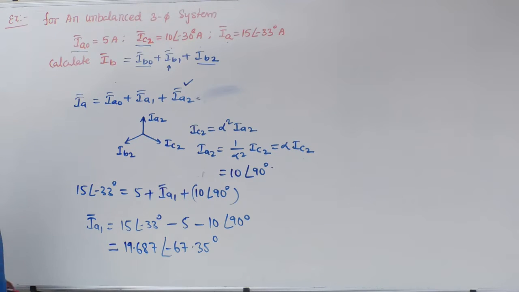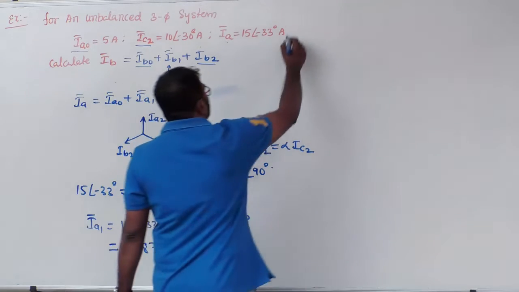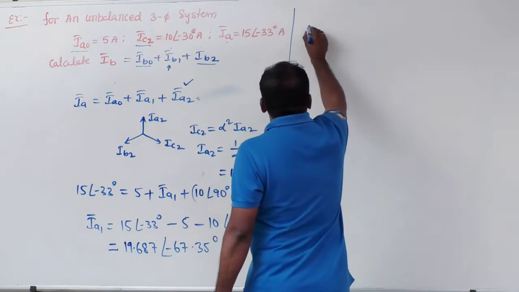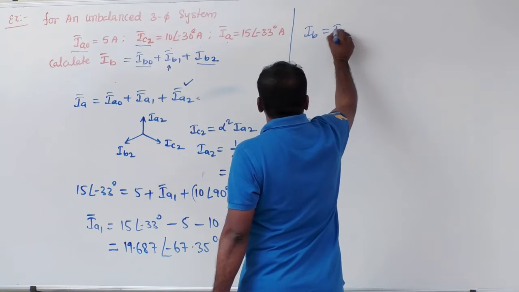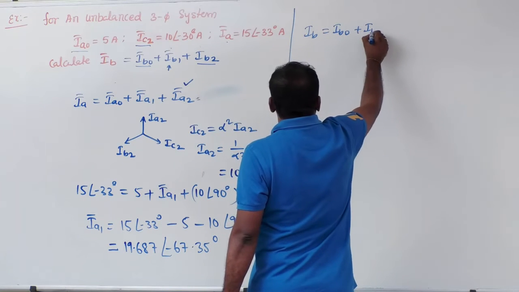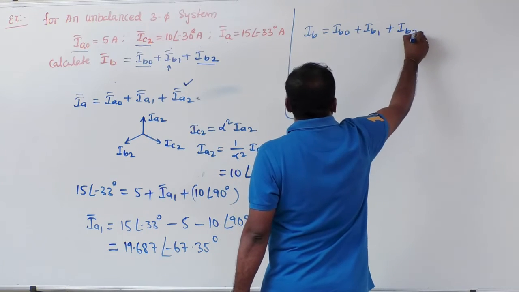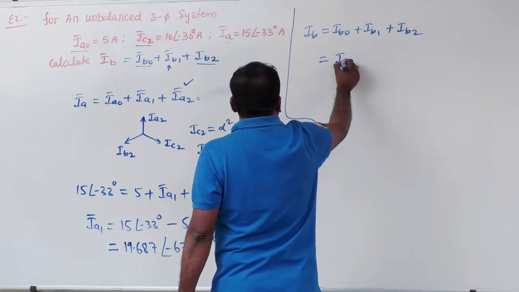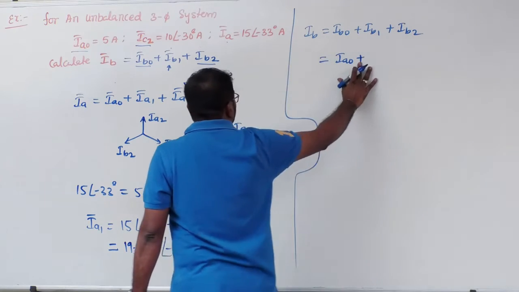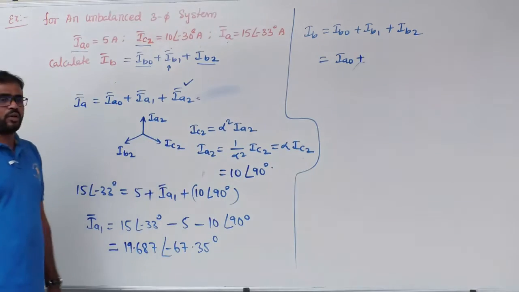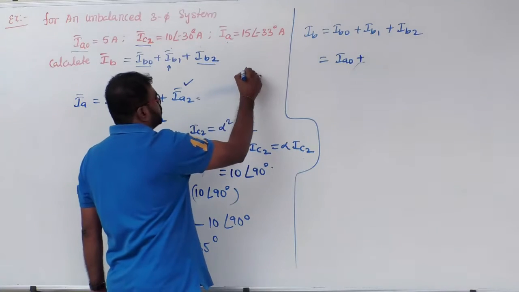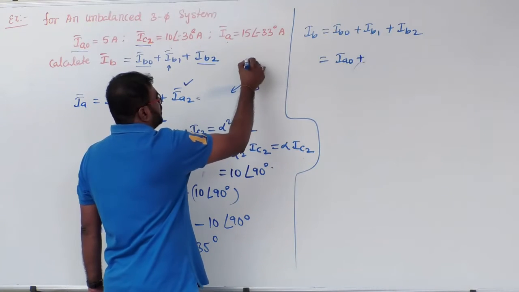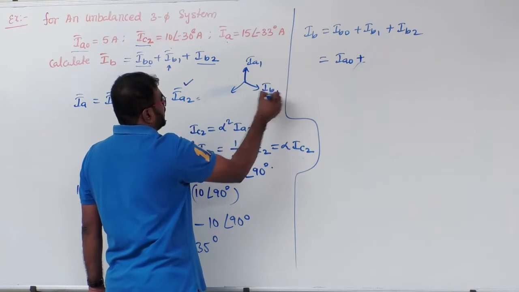Now after getting IA1, we can substitute here and calculate IB. Let's check what is IB. IB is IB0 plus IB1 plus IB2. IB0 is nothing but IA0. What is IB1? For that you can draw the positive sequence: IA1, IB1, IC1.